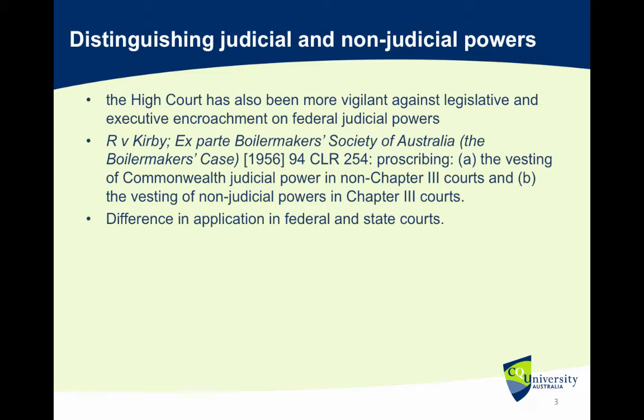And therefore, you need to determine whether or not those new bodies that Parliament may create, not on the basis of Chapter 3, but on the basis of its legislative powers under Section 51, you need to determine whether or not those bodies or boards or tribunals are actually Chapter 3 courts, in the sense that they were constituted on the basis of Chapter 3 or on the basis of Section 51.